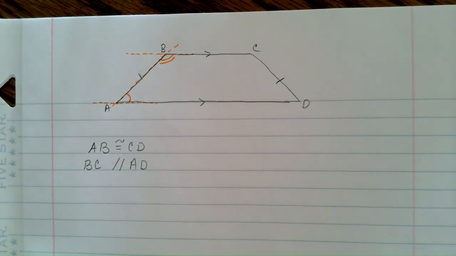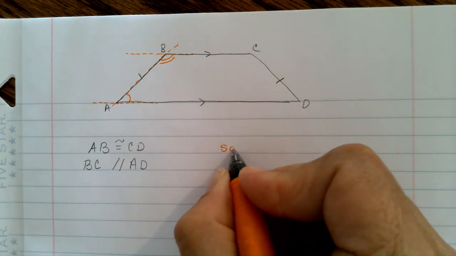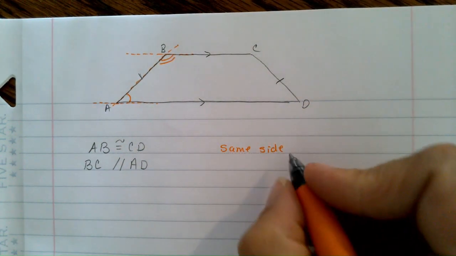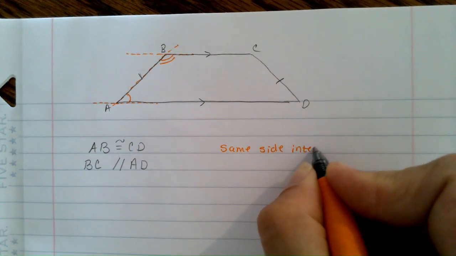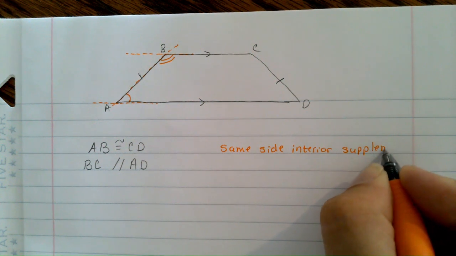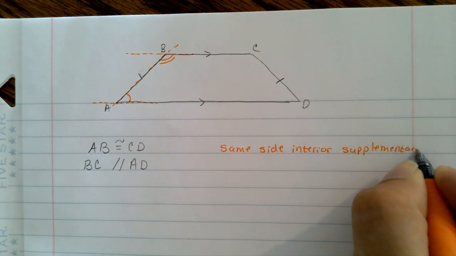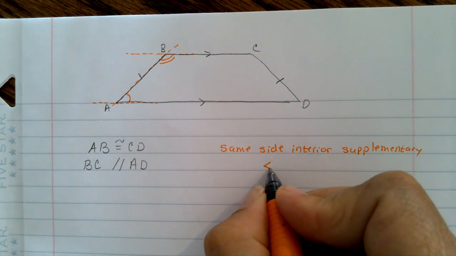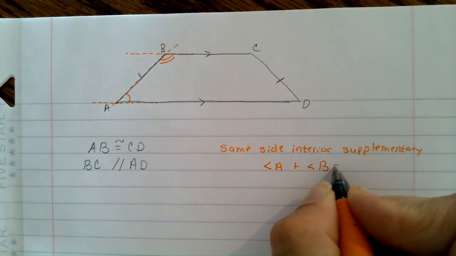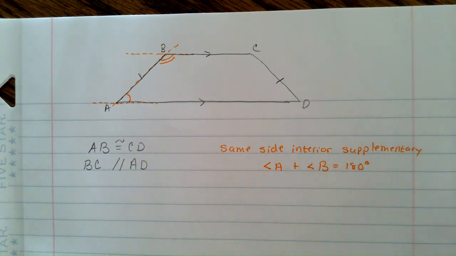Well, we know parallel lines cut by a transversal, that when the angles are on the same side, but in between the parallel lines, so interior, are supplementary. Which tells me that angle A plus angle B would be 180 degrees.